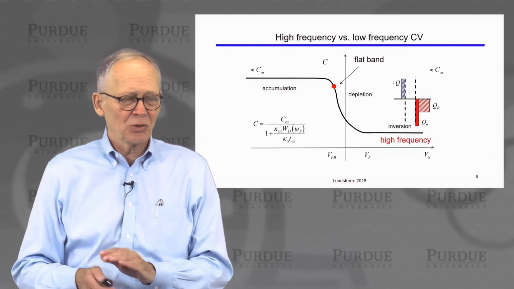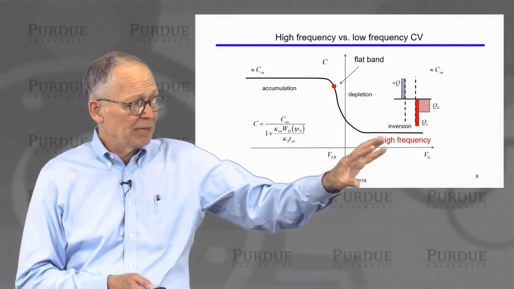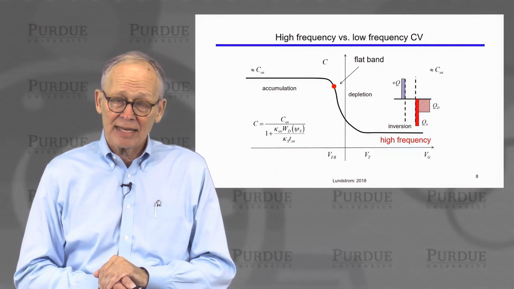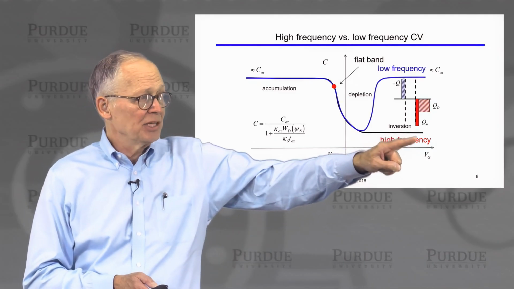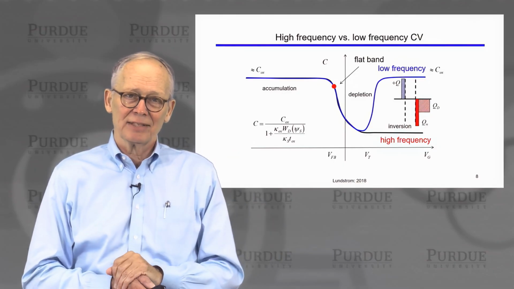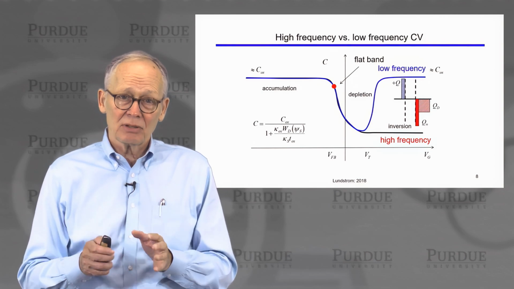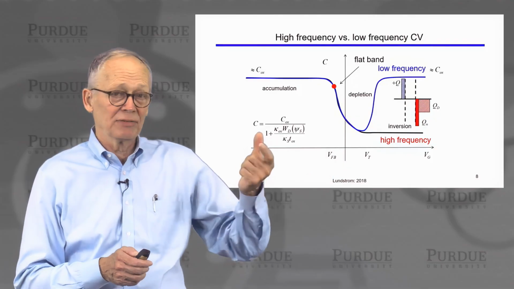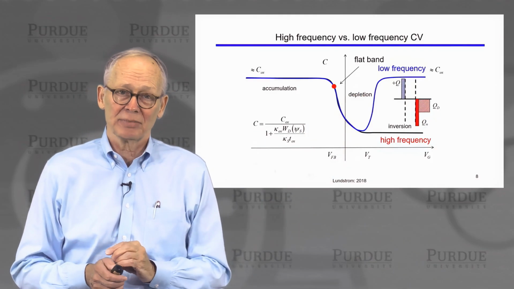Now, I want to mention just once more about what happens when we're in inversion. When I measure it at high frequencies, it's as though the inversion layer charge was not there. If I were to measure it under a low enough frequency, however, then the generation processes that are needed to increase and decrease the inversion layer charge can keep up with the AC signal, and it would be as though I have two metallic plates around the insulator, and my capacitance would go up to the insulator capacitance again.